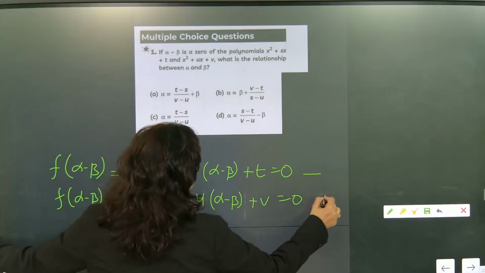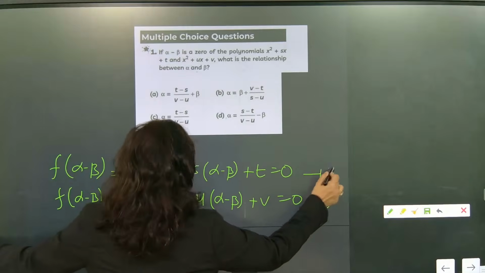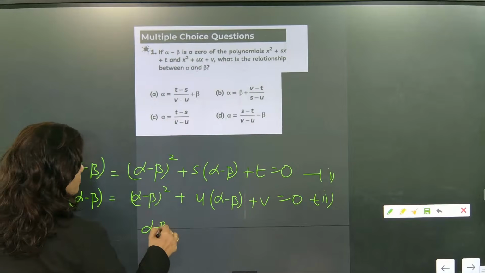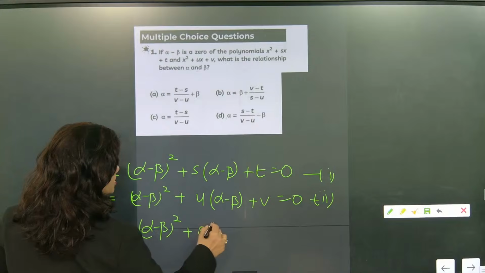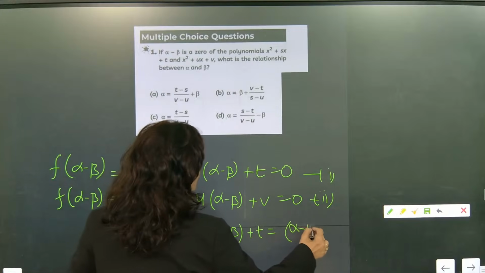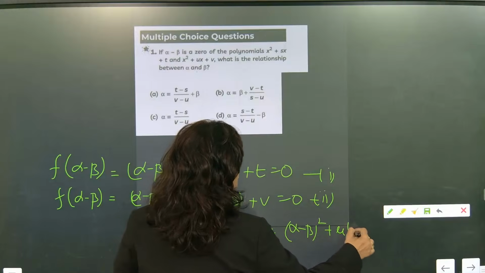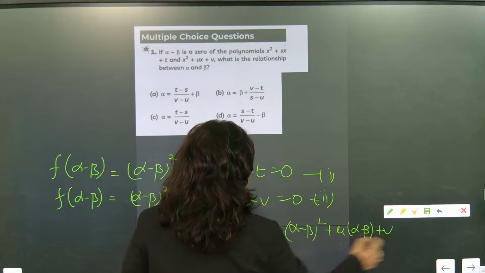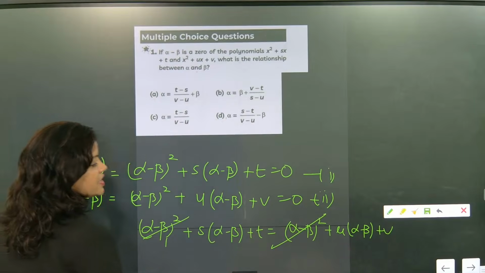Equating equation 1 and 2, both are equal to 0. So alpha minus beta whole square plus s alpha minus beta plus t is equal to alpha minus beta whole square plus u alpha minus beta plus b. So this part and this part will get cancelled.